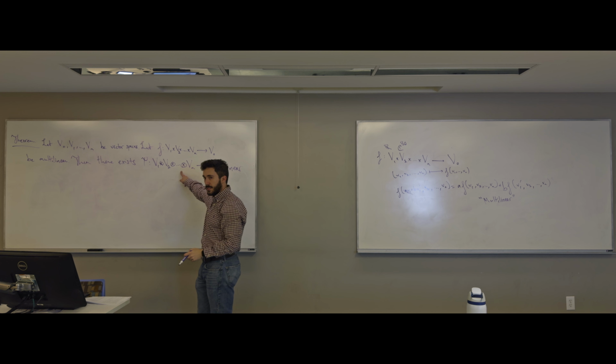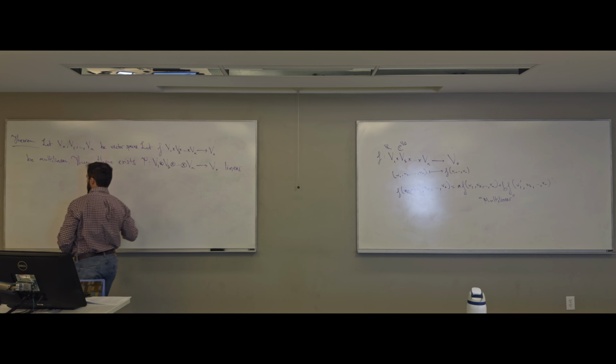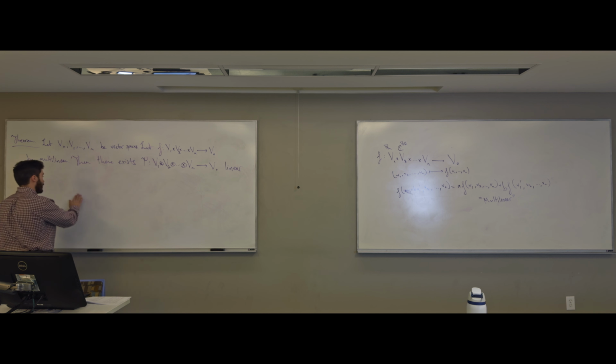Because this is a vector space, you lose the notion of multilinearity if you're coming out of a tensor product, but you can check that if you work with this stuff a lot.